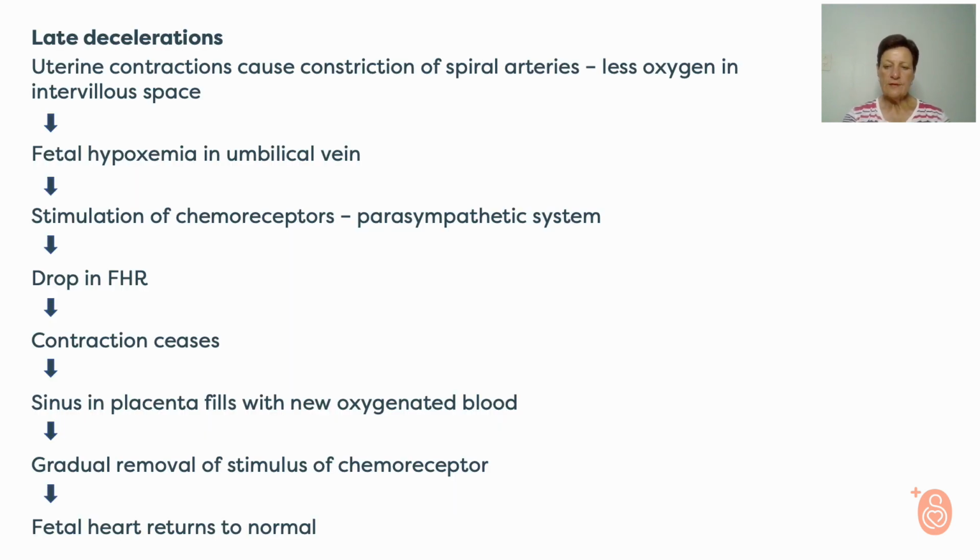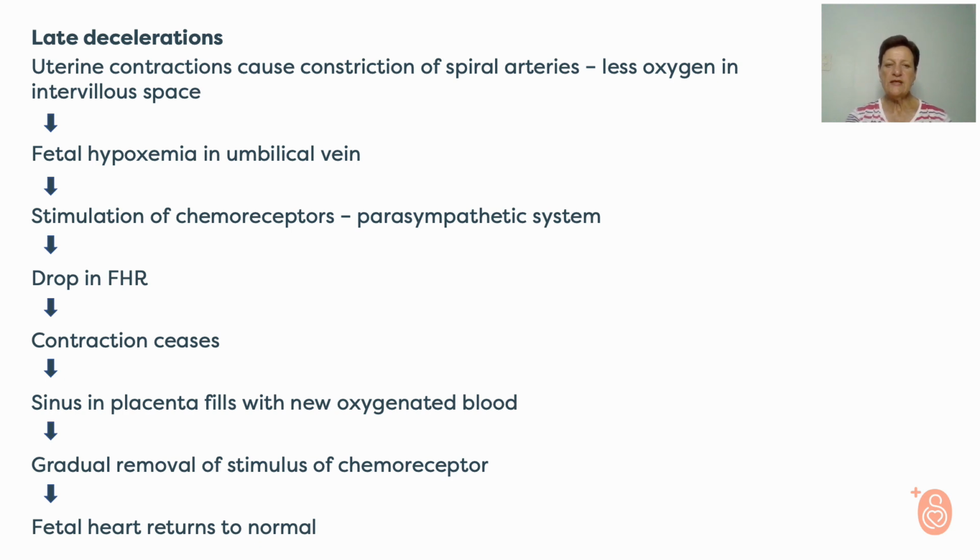Now, our second type of decelerations are late decelerations. And what happens here is, I almost want to remind you of the uteroplacental exchange that we did in lesson 4 in the physiological control of the fetal heart. And I hope that you can still visualize that picture of the villi that are surrounded by maternal blood.